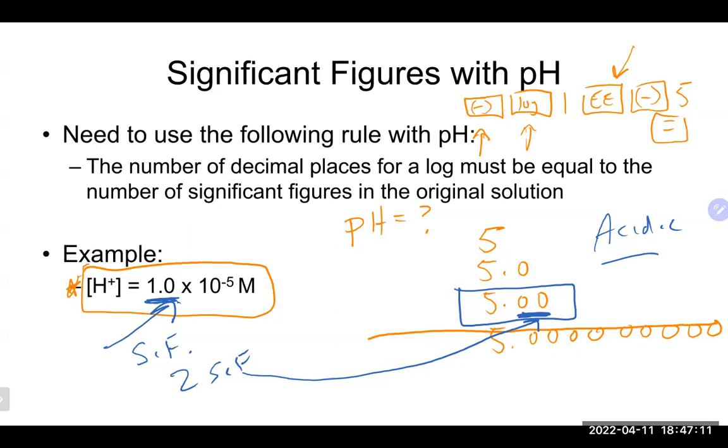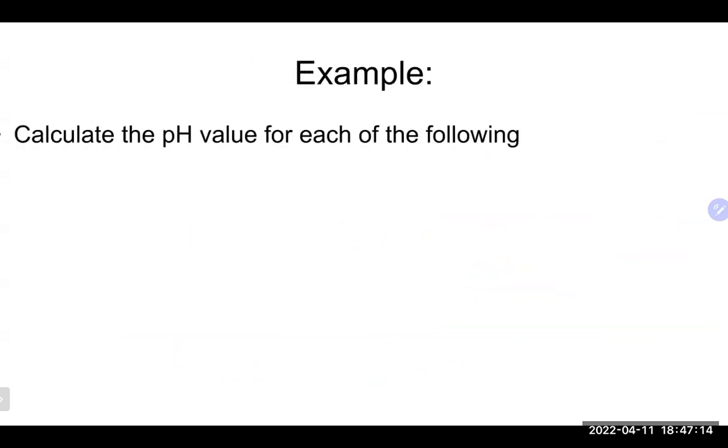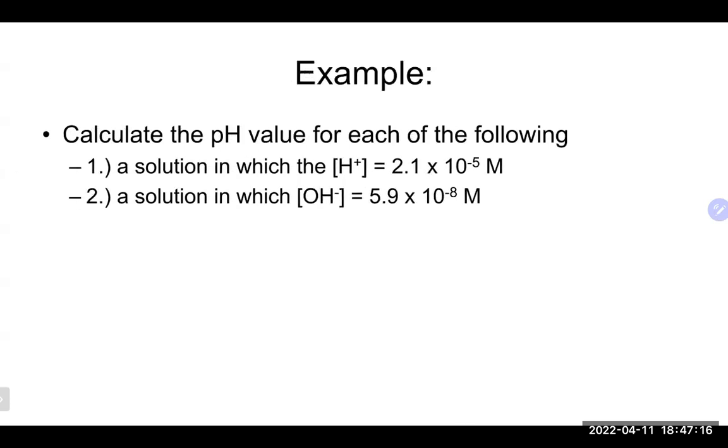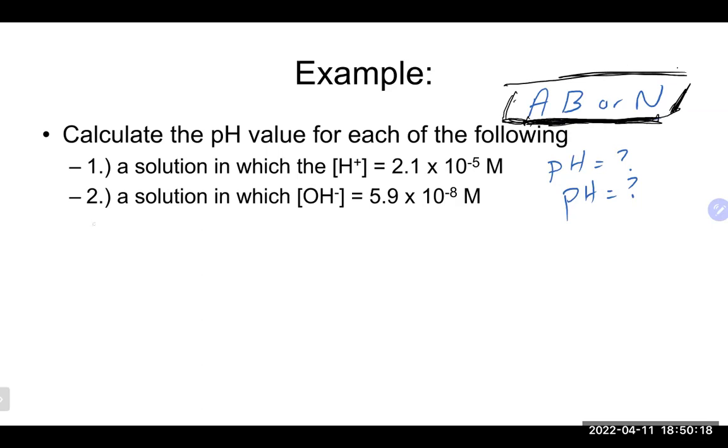All right, then let's try some here. Make sure our calculators still work. Let's calculate the pH of each of these solutions individually. And for each of them, is it acidic, basic, or neutral? Let's take a look at number 1 here, looking for our pH. So our pH would be minus the log of our H plus concentration, which was given to us, 2.1 times 10 to the minus 5.